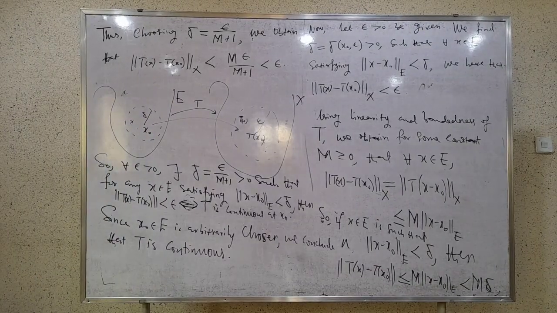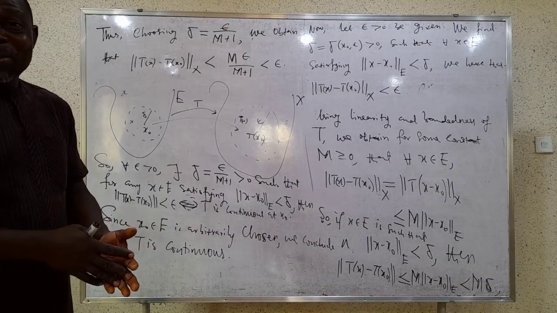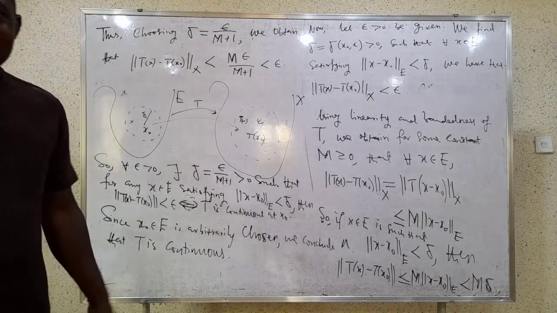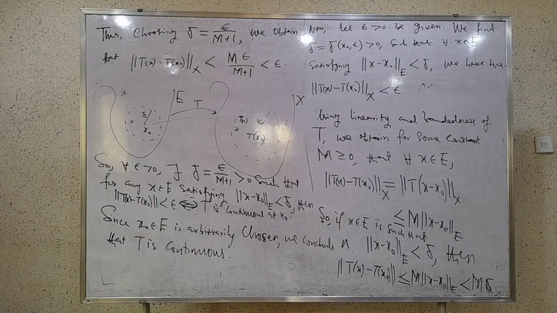And now, clearly, continuity of T at arbitrary x naught in A tells us that T is continuous at the origin. Because if x naught is chosen to be 0, then you see that T is continuous at 0.